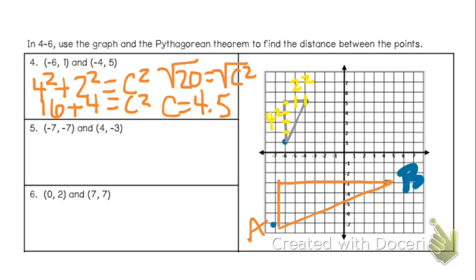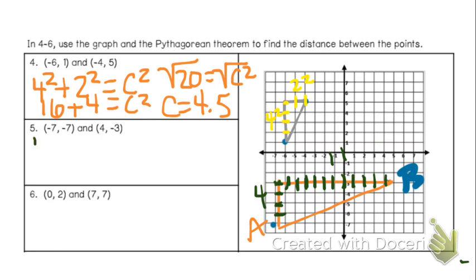So now I'm going to count on A: 1, 2, 3, 4. So it gives me 4. And then I'm going to count from this point here to B, and that's going to give me 1, 2, 3, 4, 5, 6, 7, 8, 9, 10, 11. So I'm going to plug those into my formula.